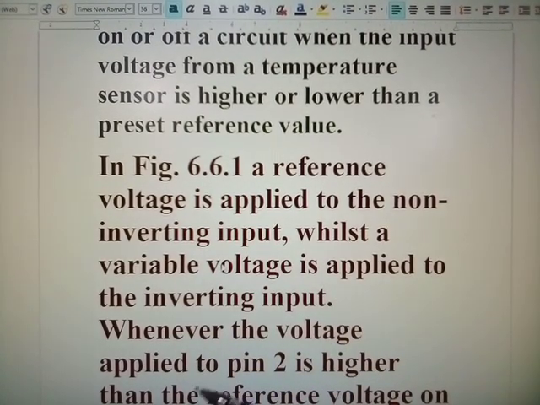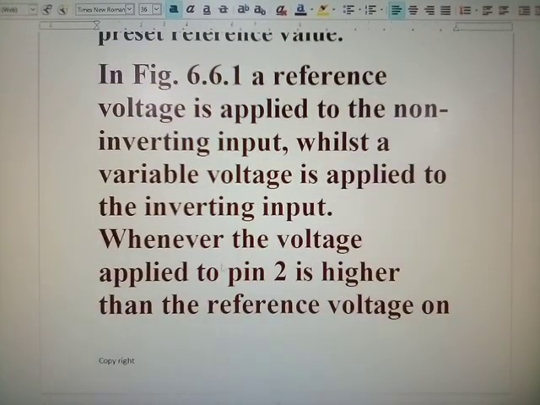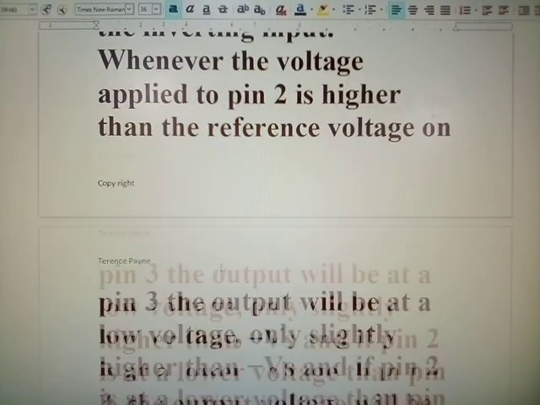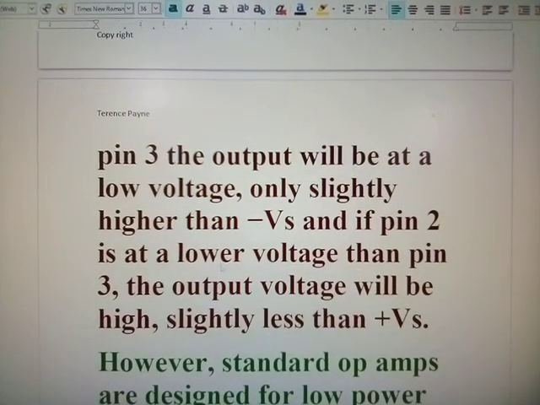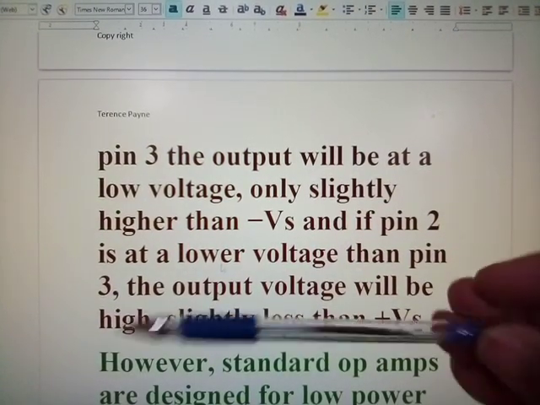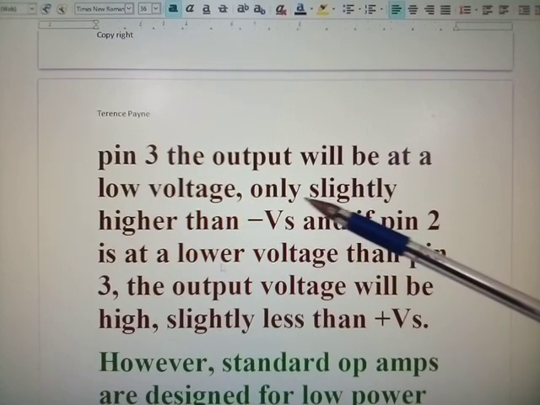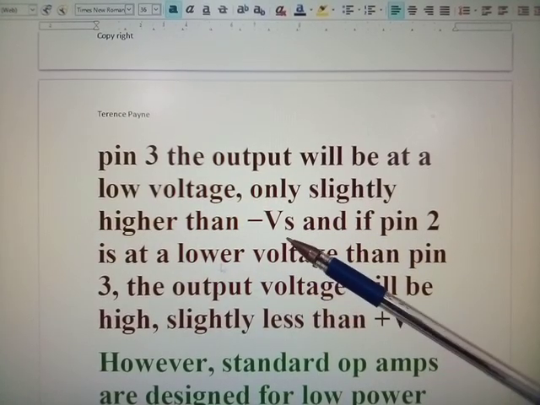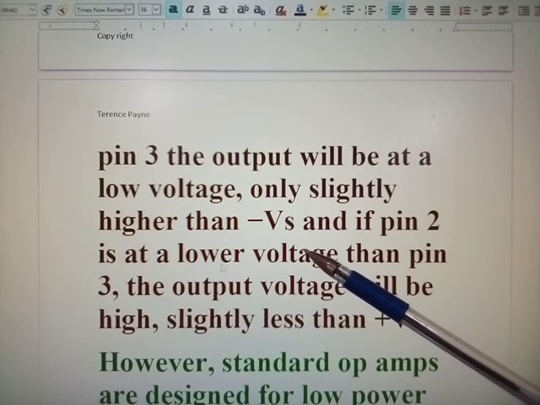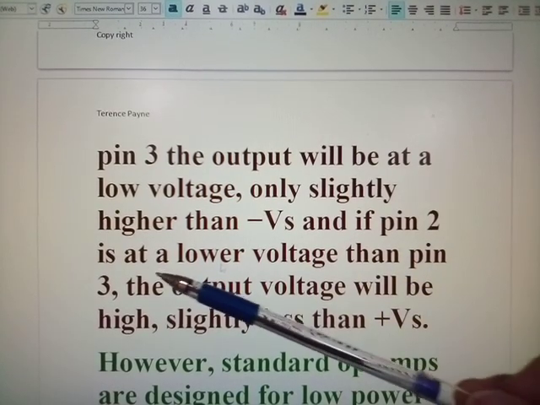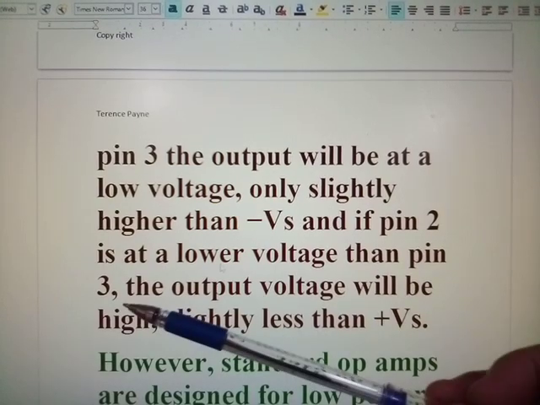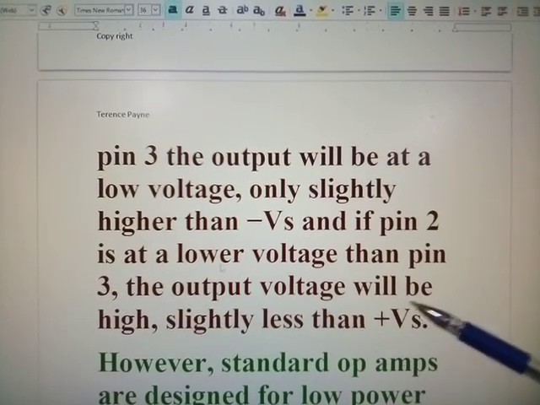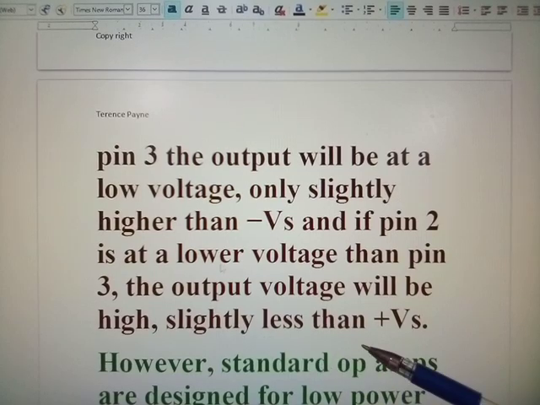Whenever the voltage applied to pin 2 is higher than the reference voltage on pin 3, the output will be at a low voltage, only slightly higher than minus V supply. And if pin 2 is at a lower voltage than pin 3, the output voltage will be higher, slightly less than plus the supply voltage.